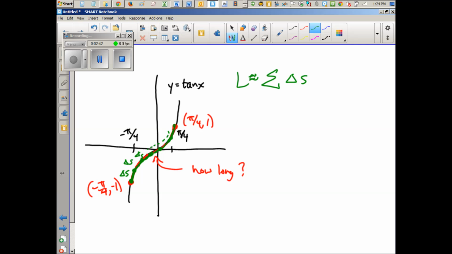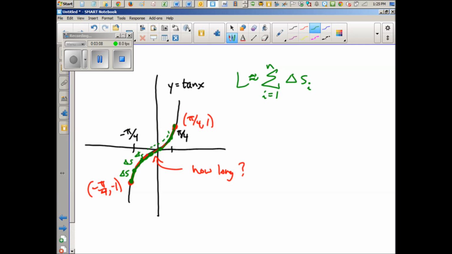So there are many of them. They all have their own size. So I'll put a little index here, a little sub-i. That just means delta S number 1 and delta S number 2 and so forth. And i ranges between 1 and n. n is just the number of little pieces I wish to use. It might be 10. It might be 2 million. Okay? All right.